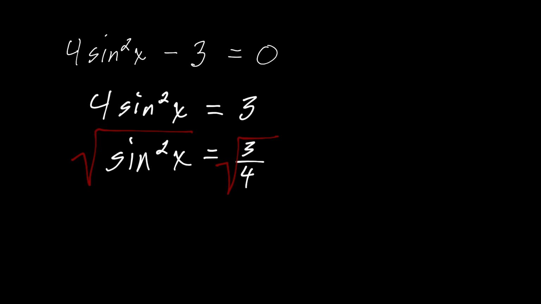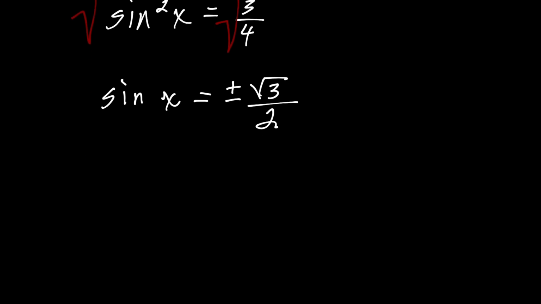When I do that, I get the sine of x is equal to plus or minus square root of 3 over 2. Where's that 2 coming from? This 2 is the square root of 4. And remember, when you take the square root, it's plus or minus.